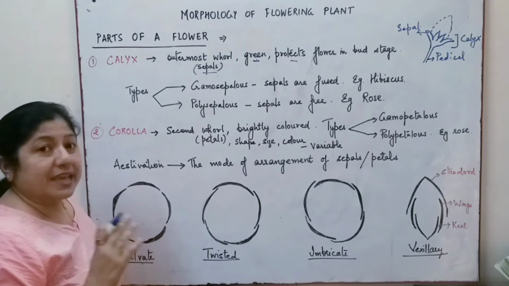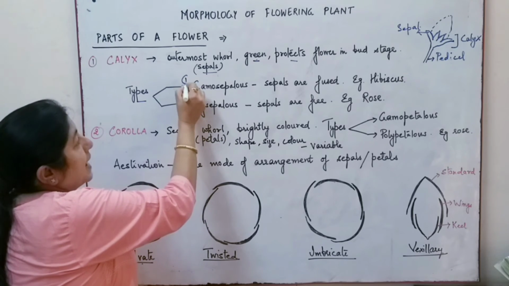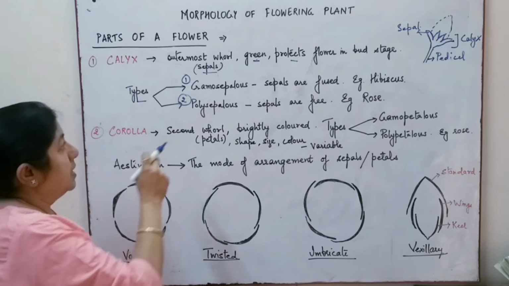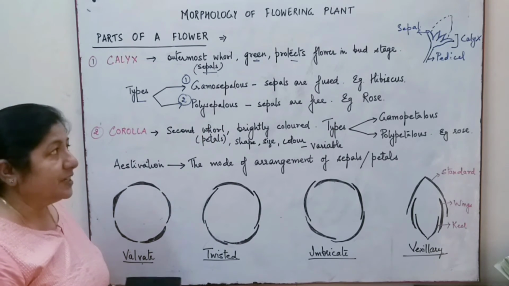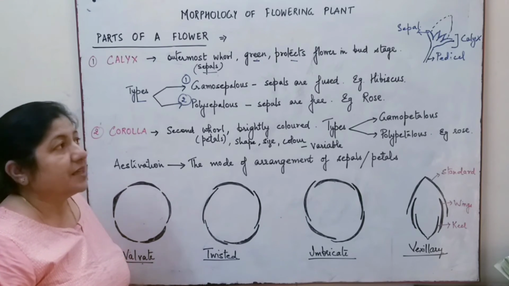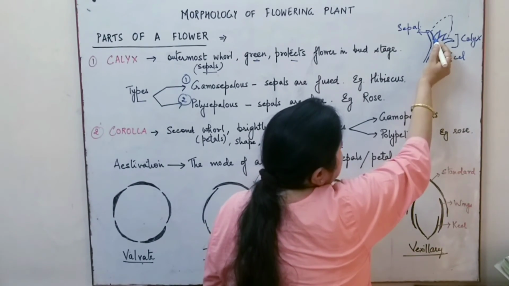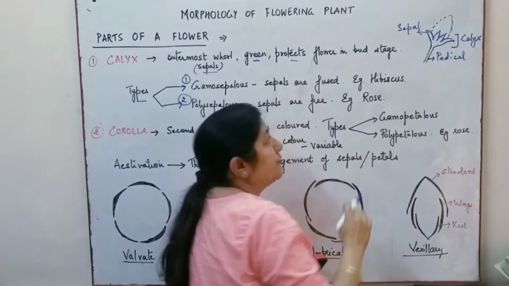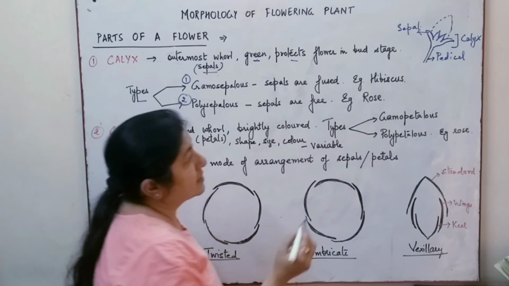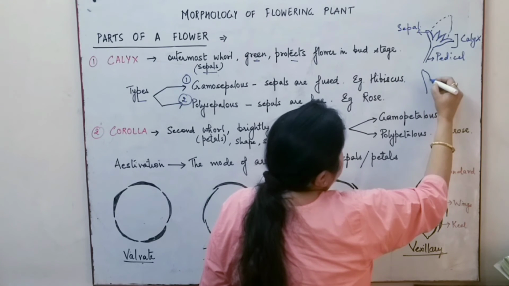So calyx can be divided into two types. One is gamosepalous and the second is polysepalous condition. Gamosepalous is a condition when the sepals are fused. That means the sepals will not be existing as individual, but they will be fused. Example is hibiscus. In the case of hibiscus plant, if we see, the calyx will be closely fused.